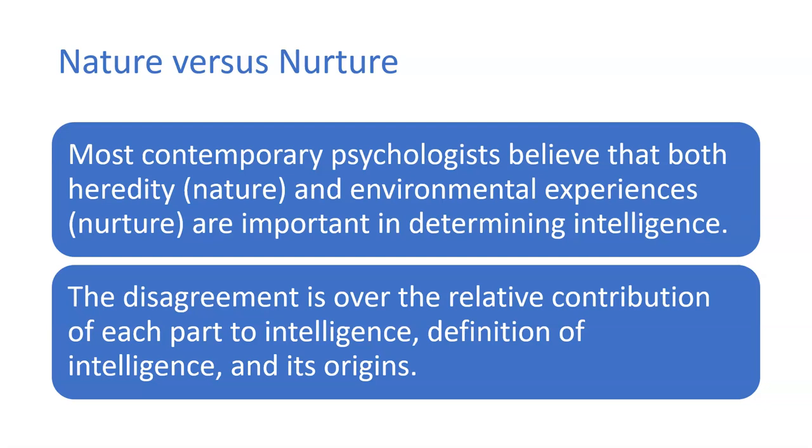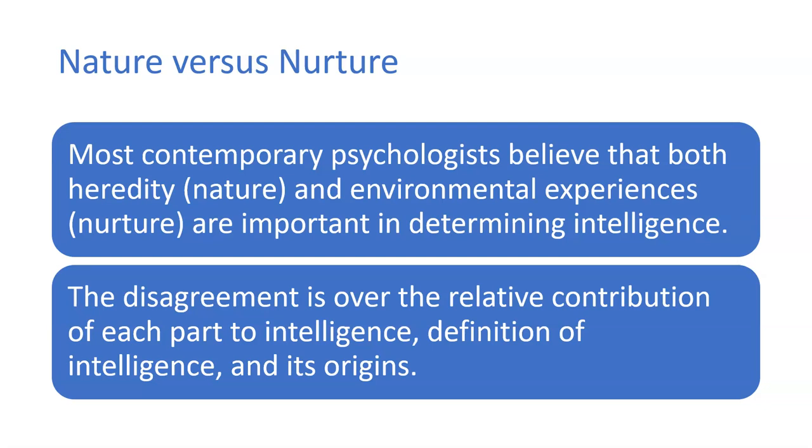So let's put the nature-nurture argument in the context of intelligence. Most psychologists today believe that both heredity, genetics, nature, and environmental experiences shape what we refer to as the broad concept of intelligence. The disagreements are about the relative degree to which these factors contribute, and in what area of intelligence.